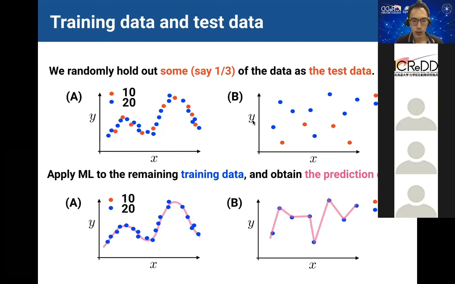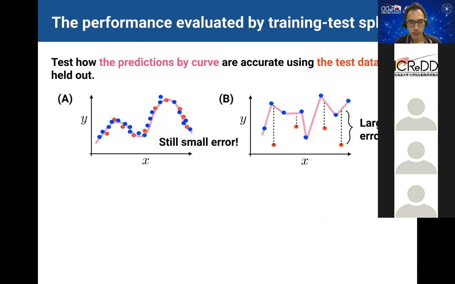So here, in both examples, we prepared some portion as a test data set and applied the remaining blue points here. The error for the blue points is very small for both curves. But if we evaluate the curves by the held out data point, the red point, then the error between this pink curve and this red point is still small here, but here we see a very large gap between the pink curve and the held out data.